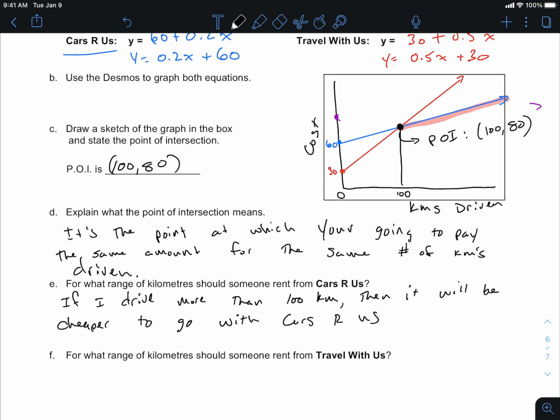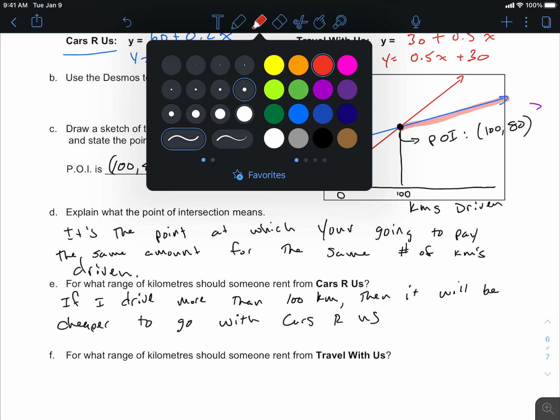And the opposite is true for kilometers.